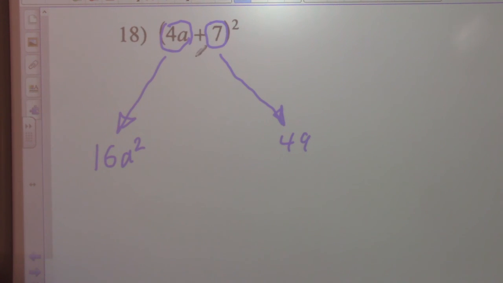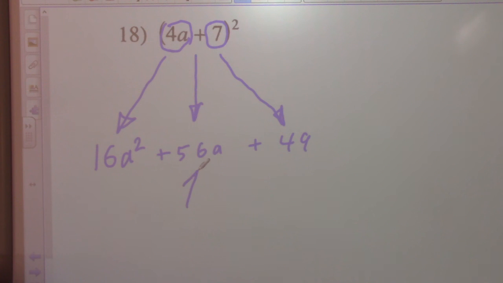What you do in the middle is, I'm going to write down what the answer is here, 56a. Okay, how did I come up with 56a? Take 7 times 4a, times 2. Yeah, exactly. So what Logan said is right.